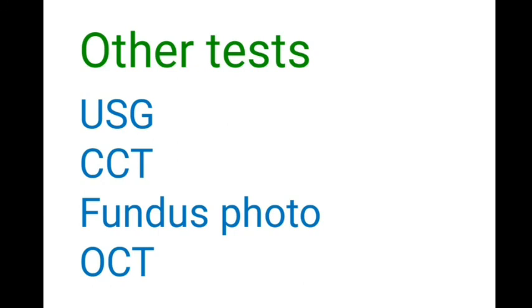Other tests which help in the diagnosis and management of glaucoma are ultrasound, that is B scan, to look for the axial length, and central corneal thickness. Normally in 6 to 23 months of age, the central corneal thickness is 540 micrometers, whereas in older children it is 550 to 560 micrometers.